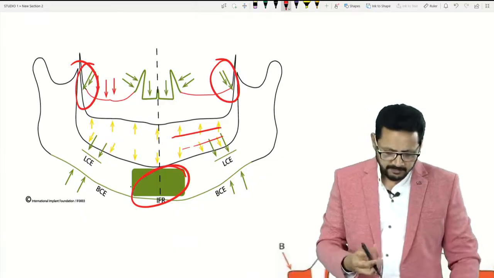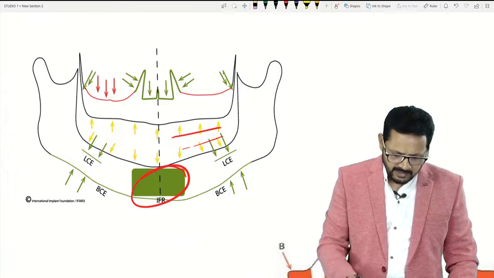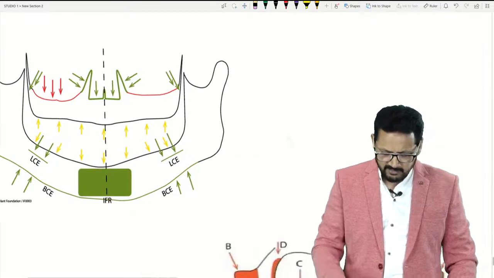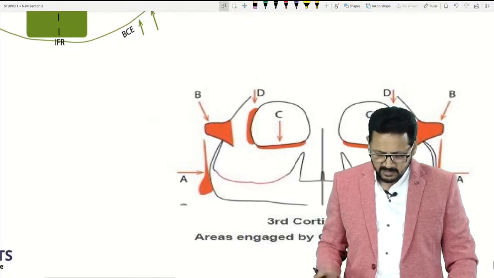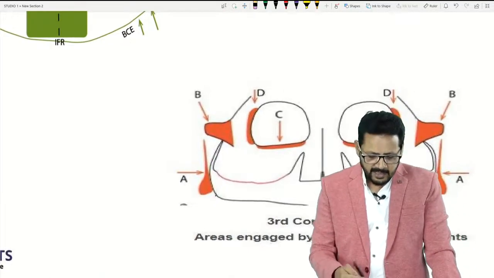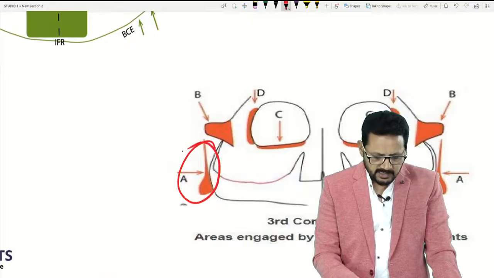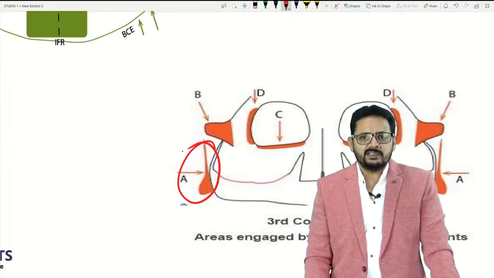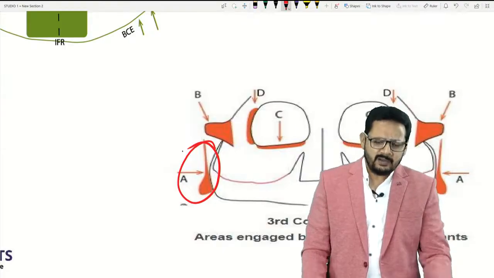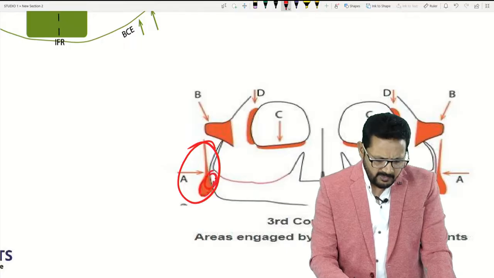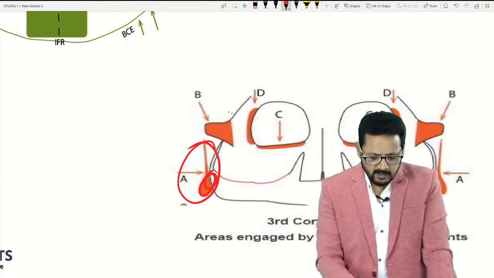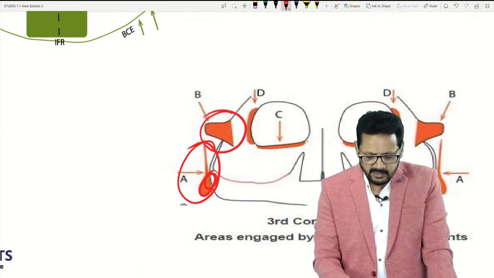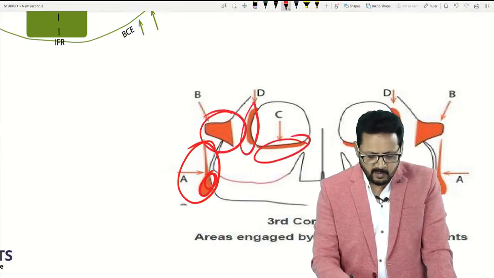Is that clear? Now, this is one more diagrammatic representation where you can see the third cortical areas. This A represents the pterygoid area, the pterygoid junction basically. A is the pterygoid plates. We are actually going to put an implant in the pterygoid junction region. B is the zygomatic bone. This is the infraorbital rim area and this is the lateral orbital rim.